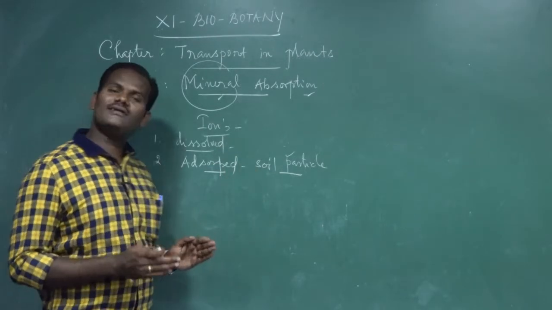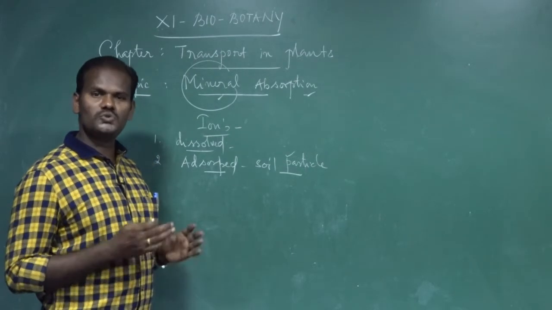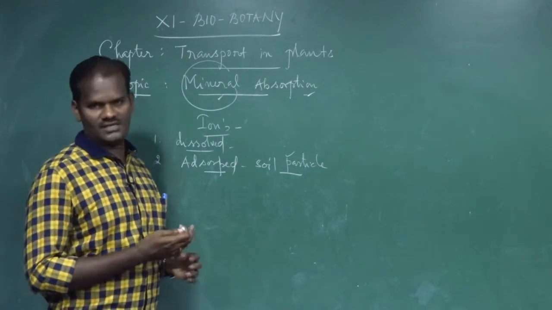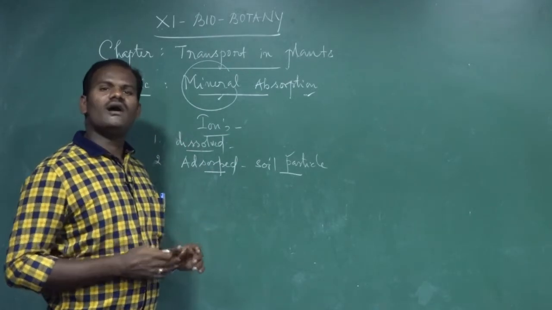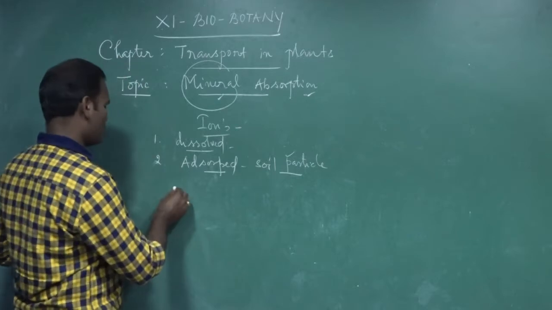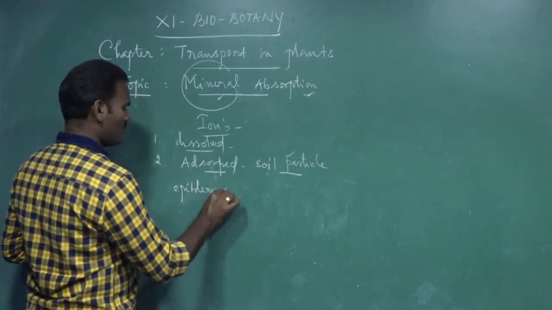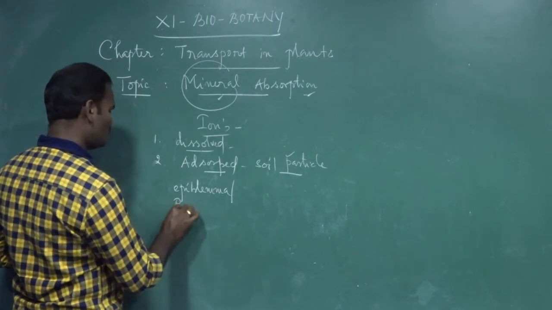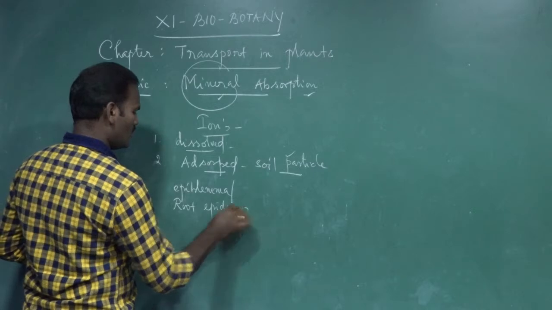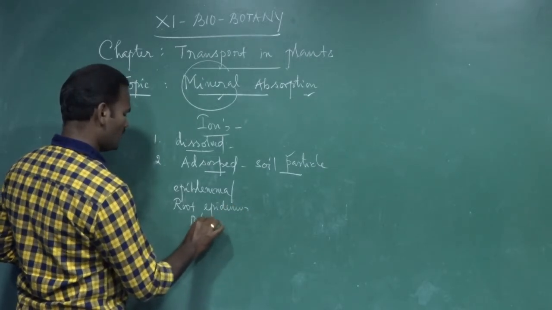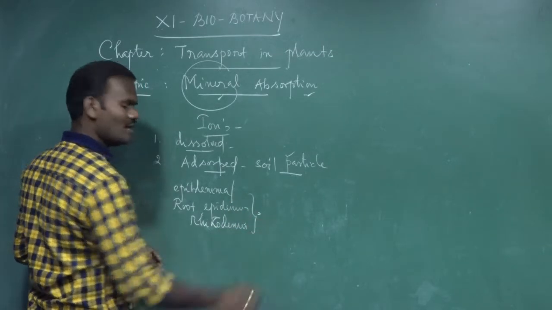Which part of the root is involved in mineral absorption? We know that root hairs are mainly involved in the absorption of minerals, but not only the root hairs; the epiblema, also called root epidermis or rhizodermis, is also involved in the absorption of minerals.